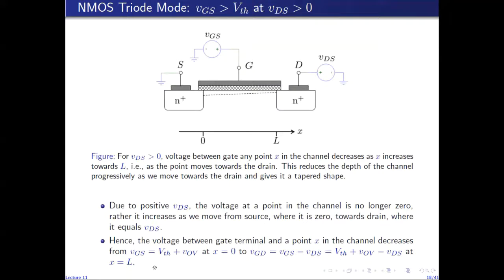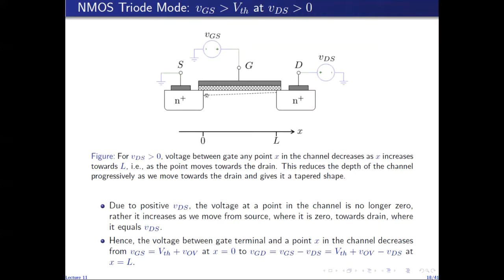And at x equal to L, at the drain end of the channel, the voltage between G and X is essentially the voltage between gate and drain, which is equal to VGD, which can be expressed as the voltage between gate and source minus the voltage between drain and source. Voltage between gate and source is the threshold voltage plus the overdrive voltage. So the voltage between gate and drain is now given by the threshold voltage plus the overdrive voltage minus VDS.